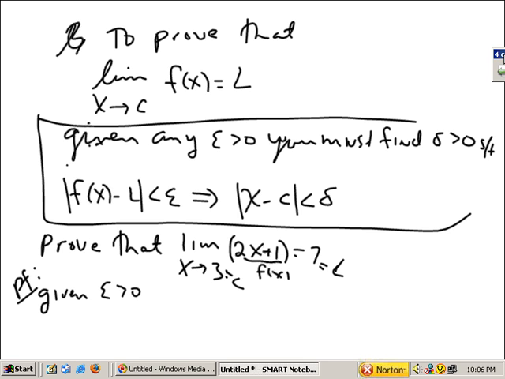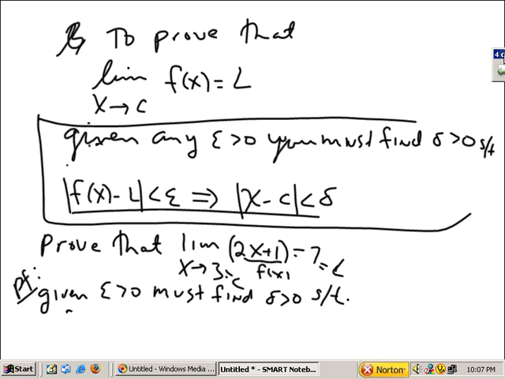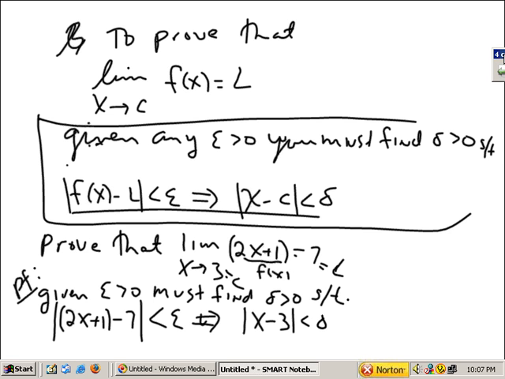Given epsilon greater than 0, we must find delta greater than 0 such that this statement is true. The absolute value of f of x, which is 2x plus 1, minus L, which is 7, is less than epsilon. That implies the absolute value of x minus C, C is 3, x minus 3 is less than delta. I want to find out what to call that delta.